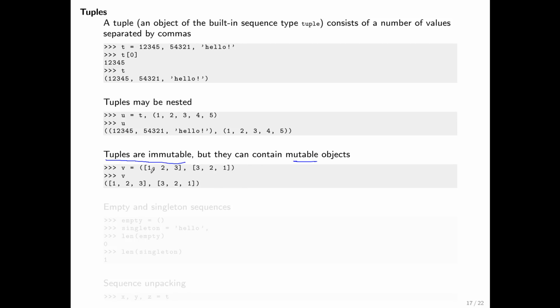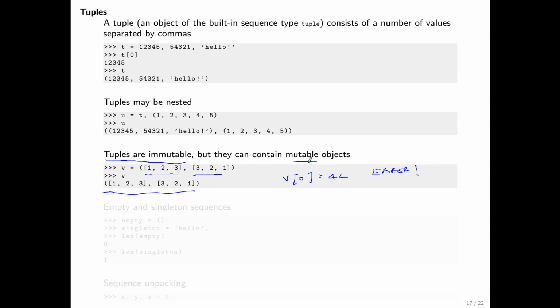V is a tuple whose first element is the list 1, 2, 3, and the second element is the list 3, 2, 1. If I print out V, this is what I get. Since tuples are immutable, I cannot say something like V at 0 equals 42. I'm trying to change the 0th element to 42. This is an error, not possible because tuples are immutable.